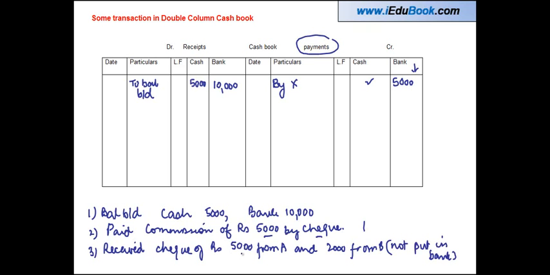So you've got two checks, one of 5,000 from A and the other one of 2,000 from B. Okay, so basically for the one you received in A, you've put it into the bank. The moment you put it into the bank, the balance of bank will go up. So it's a receipt. So I will say to A, how much?